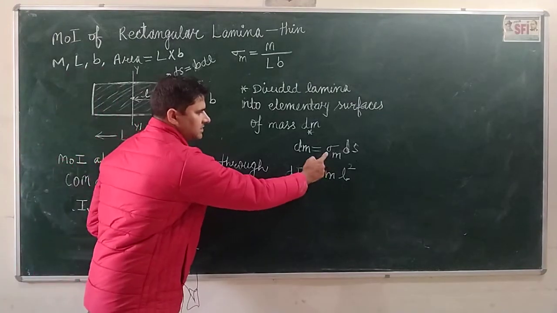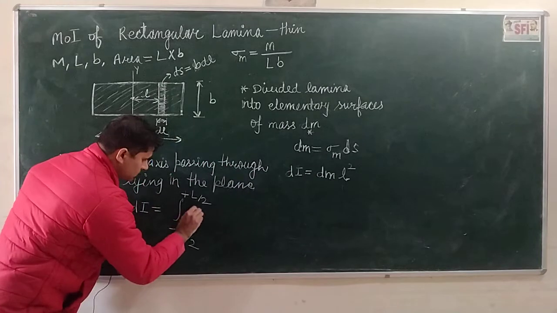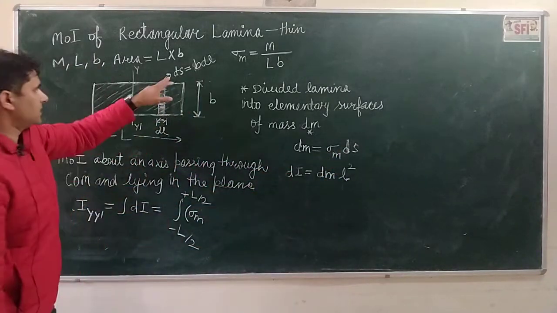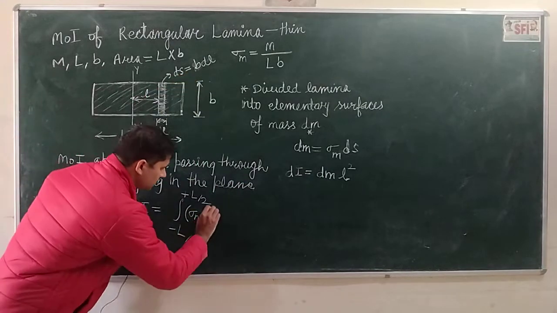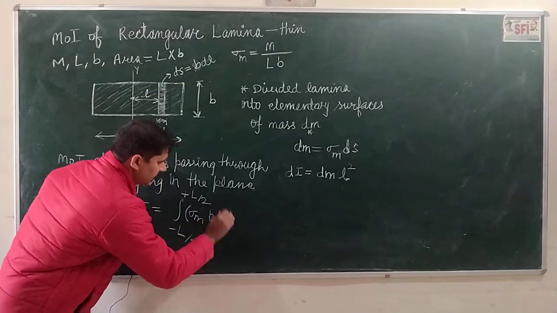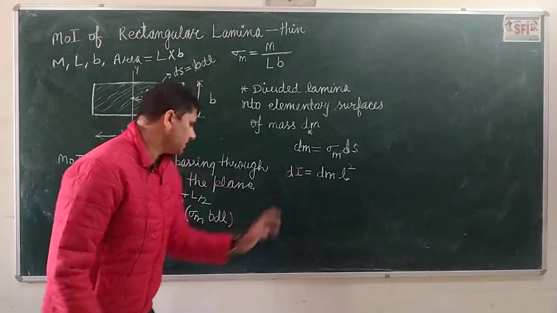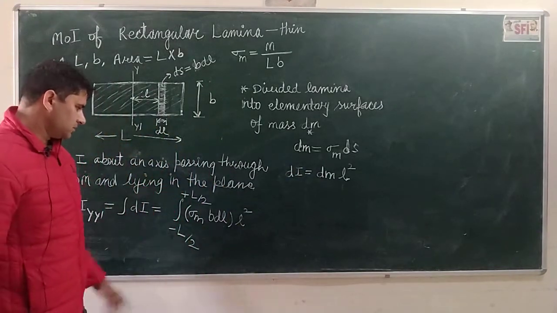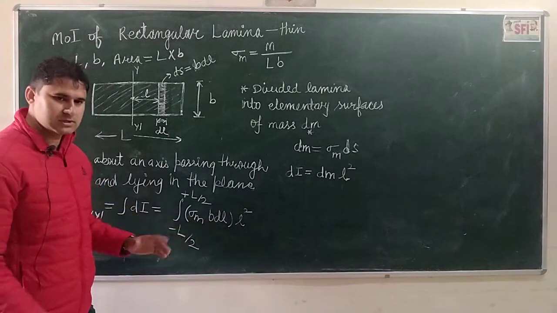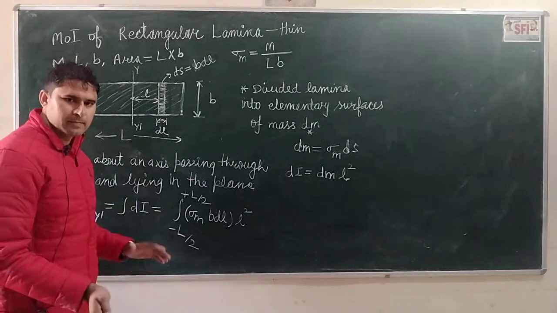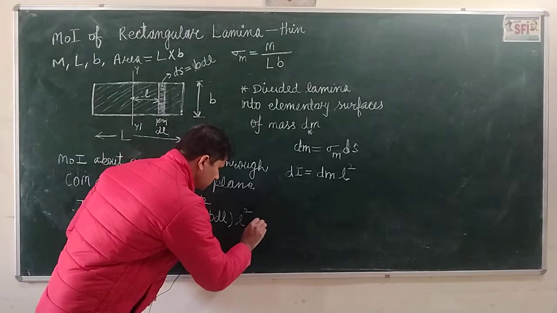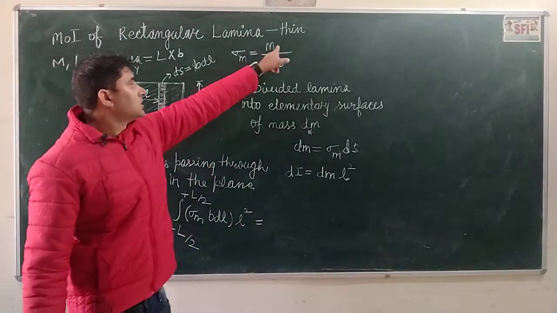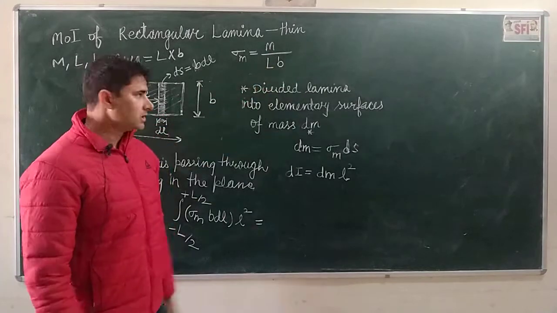Here dm is sigma m into ds, and the area ds here is b into dl. Then you have l square. You can see b and sigma m are constant, so you can take them out of the integral. Here you can put the value of sigma m as m by the area of the lamina.